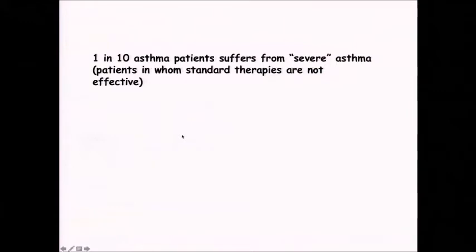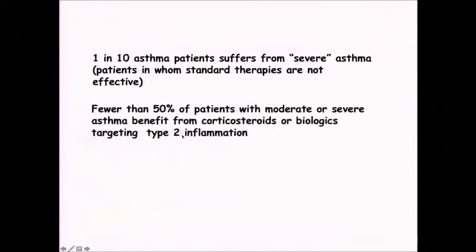And these are patients in whom our standard therapies are not sufficiently effective to make them well. And fewer than 50% of these patients actually with moderate or severe asthma benefit from either corticosteroids or the biologics targeting type 2 inflammation. We're going to discuss one of these at Journal Club, actually, the Pulmonary Journal Club tonight.